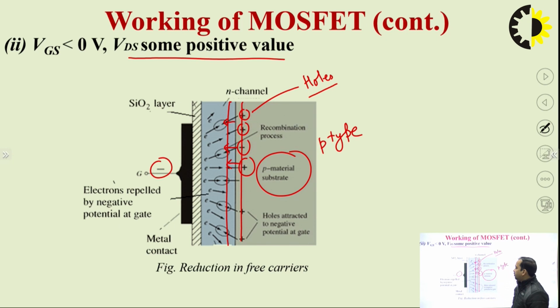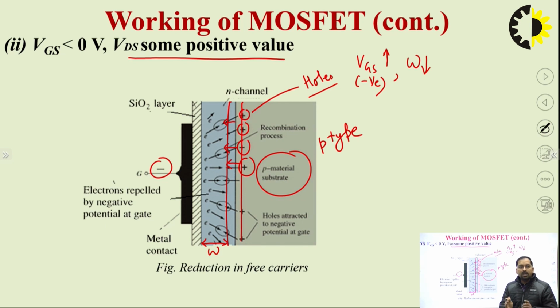As a result, the width of the channel W reduces. So we can write here that as VGS becomes more negative, as VGS increases in the negative direction, it results in a decrease in the width of the channel.